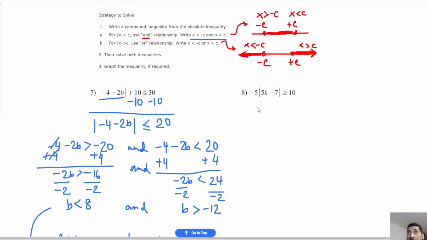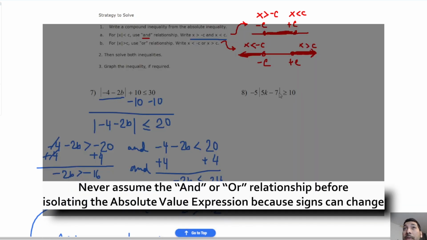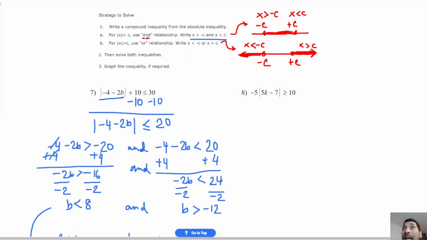Now let's look at number 8. We have -5 times the absolute value quantity of 5k minus 7 greater than or equal to 10. Again, we may assume that this is an OR relationship since we have a greater than or equal to symbol here. We need to make sure that we isolate this absolute value quantity first, and then we check whether we have to use an AND or OR relationship. So first we divide both sides by -5.